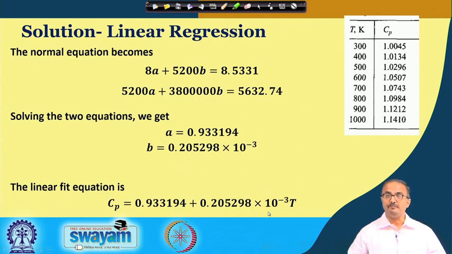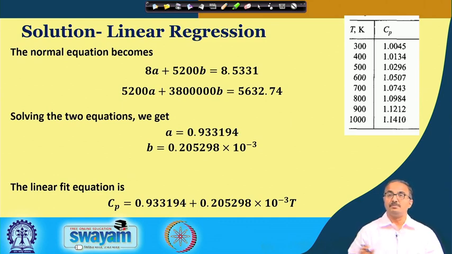Now, whenever you are using any of these fitted equations, one thing you must be very careful about is that whatever units you have used to regress must be maintained whenever you use this expression in future for determination of Cp or the dependent variable.